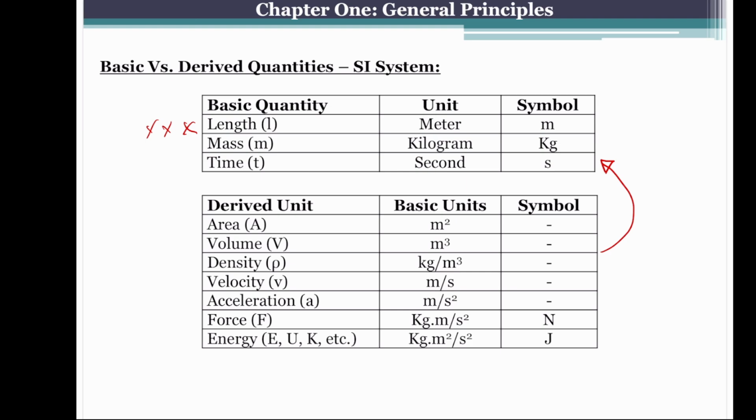If you consider the density, it's gonna be mass divided by the volume. It's gonna be composed of the basic quantities. So the derived quantities are those derived from the basic quantities, and the basic quantities are not derived from anything.